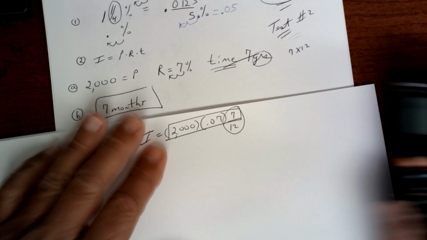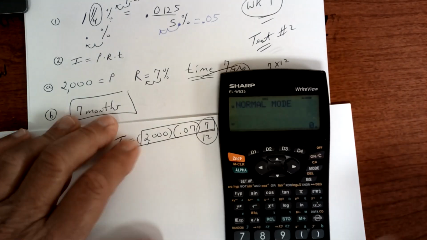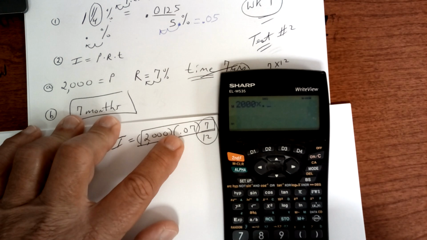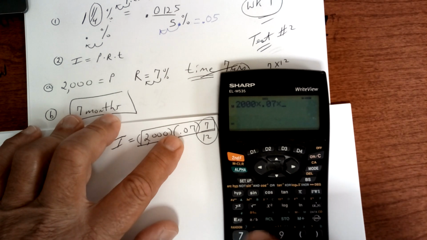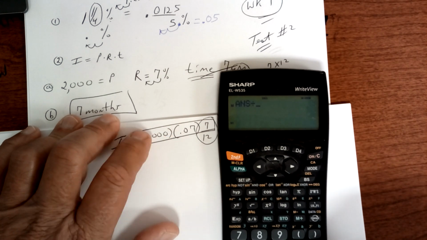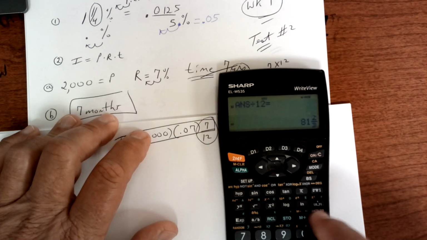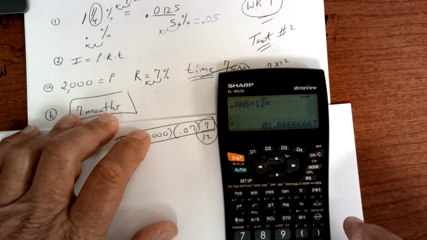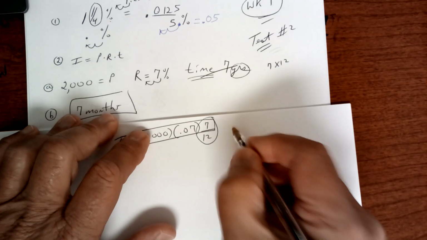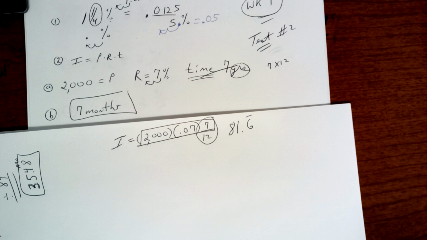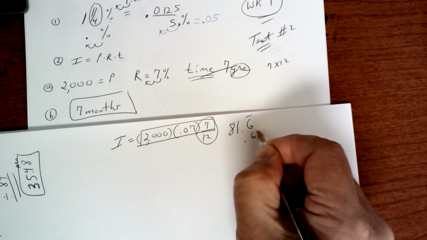So you're going to take 2,000 times 0.07 times 7, press equals, but now you got to divide by 12. When you do that, you get 81.6 repeating. Okay? That would be like 67 cents. You had to round it off.